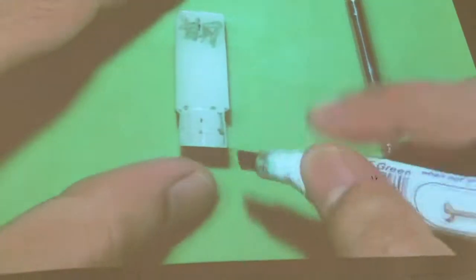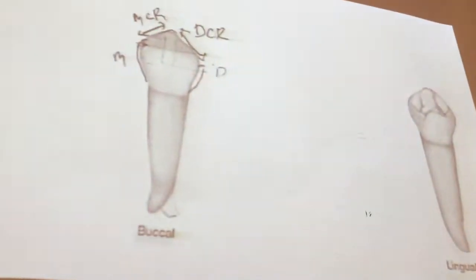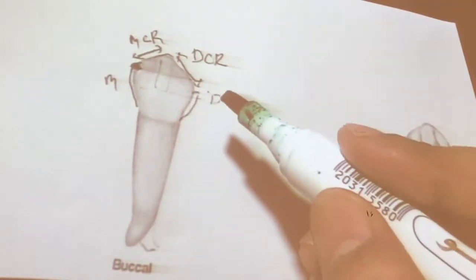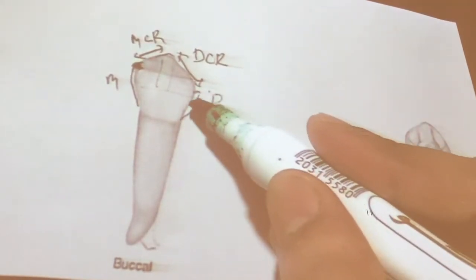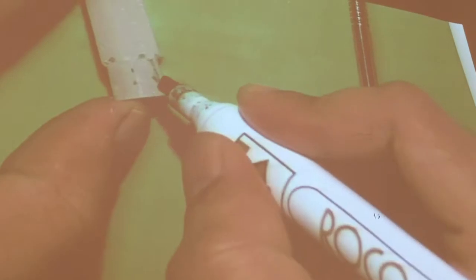So I am marking the crest of contour here. If I see this height of contour on the mesial side, it's almost at the junction, and here in the middle, similar to your canine. I'll keep this like this, and this is the mesial side.